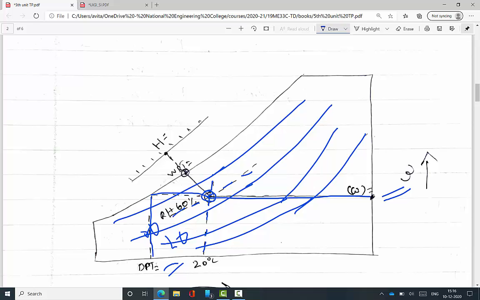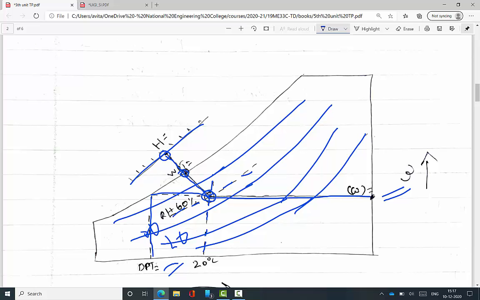Then from that point I draw an inclined line and get the WBT at the extreme curve. Further extending the line, it intersects the enthalpy curve, which shows the enthalpy value. All units are given in the psychrometric chart, so you don't need to bother about them.